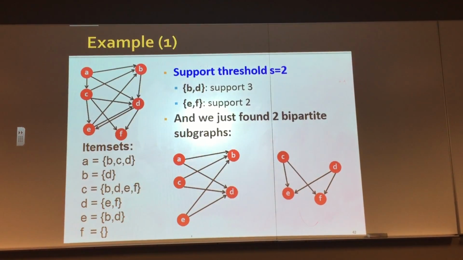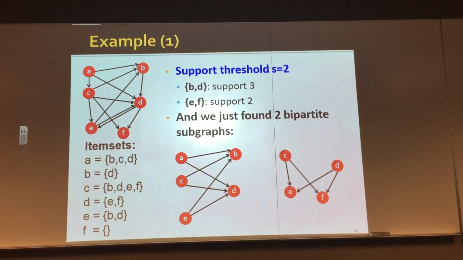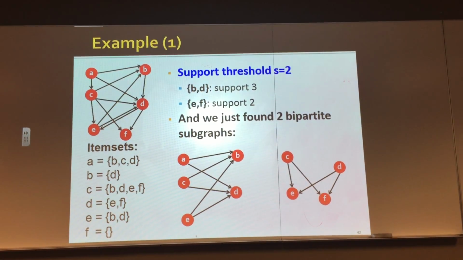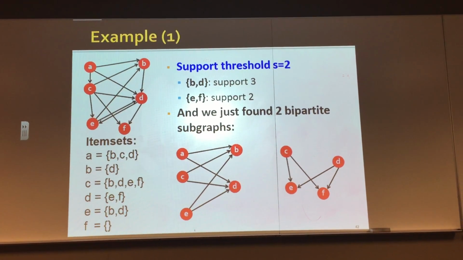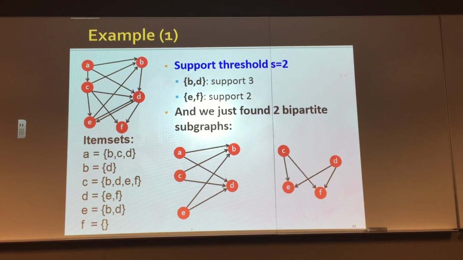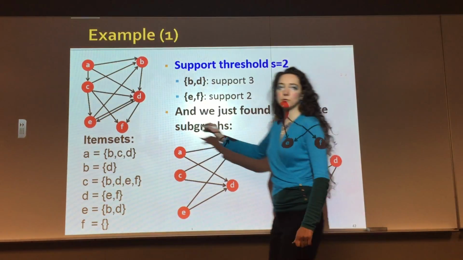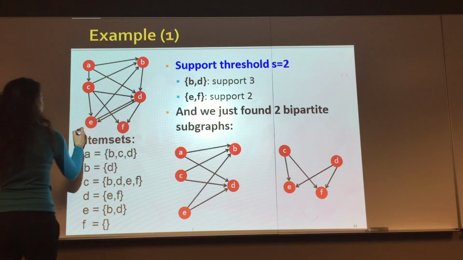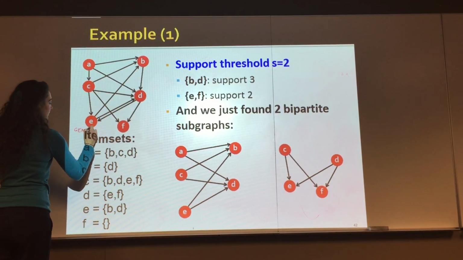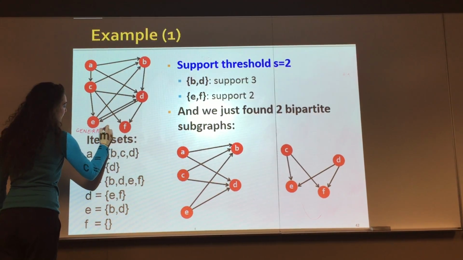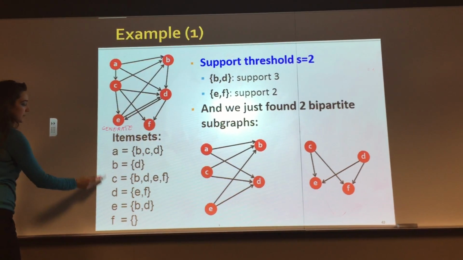Find all the frequent item sets. Support threshold is equal to 2. So from this graph, we want to generate frequent item sets. All the item sets we have are these.